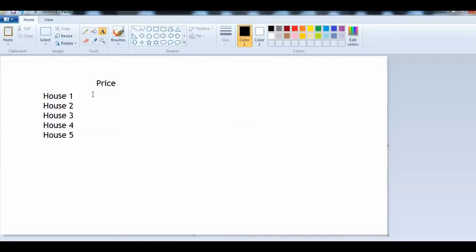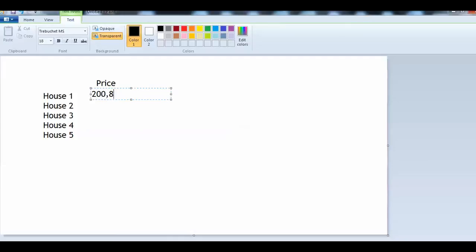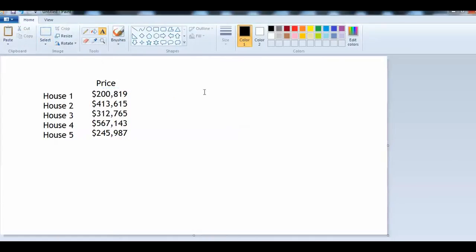Maybe this house is worth $219. I'm just making up these numbers. So we've recorded data from five houses.